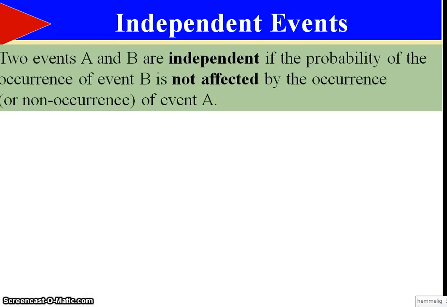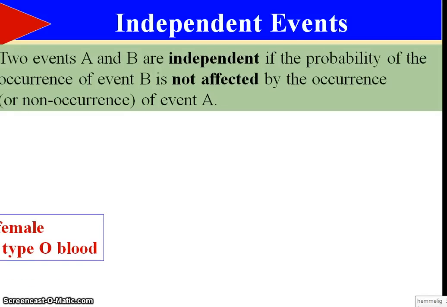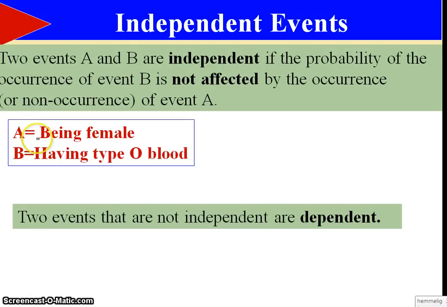So moving on, independent events. 2 events, A and B, are independent if the probability of B is not affected by the occurrence of A. So for example, A being female and B having type O blood: it does not matter. You having type O blood does not depend on you being female or not.